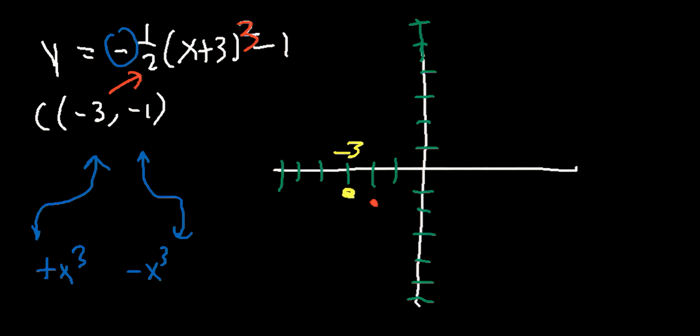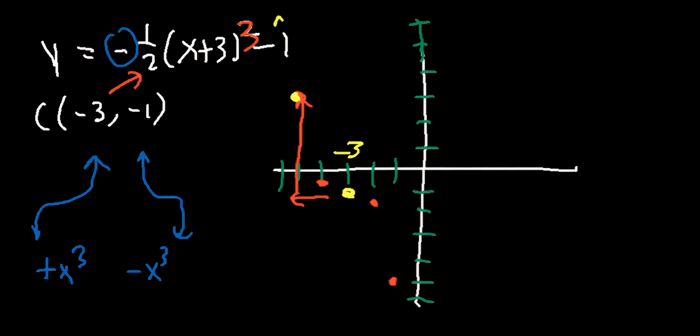Let me fix that. 1 to the left should have been up a half. 2 to the right, that's down 4. So it's over here at -5. And 2 to the left, we need to go up 4. So 1, 2, 3, 4. It should be over here somewhere.